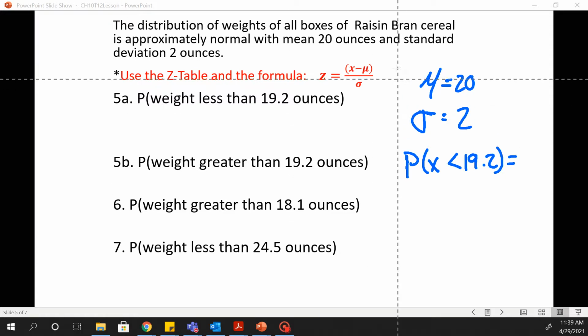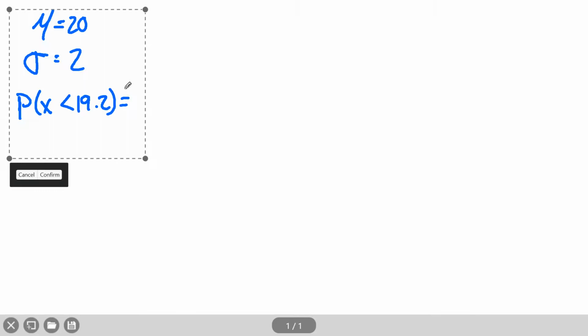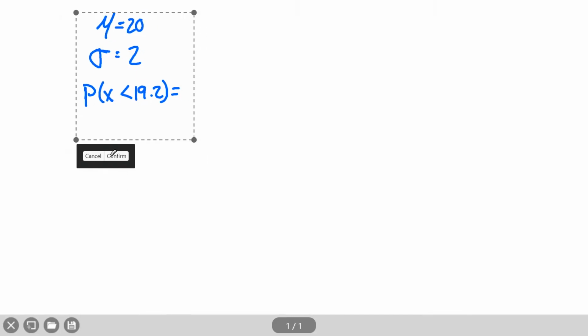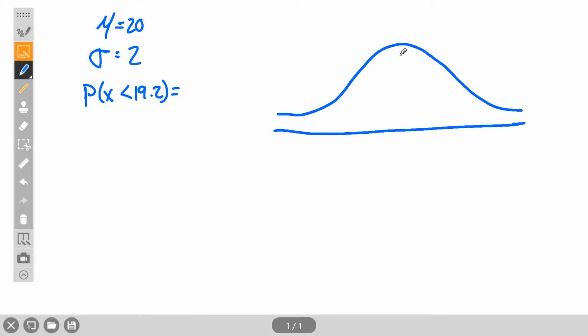And we can quickly calculate this using a z-score. So here's the mean. Here's 1 above, 2 above, 3 above, 1 below, 2 below, 3 below. Here's the mean, which is 20.